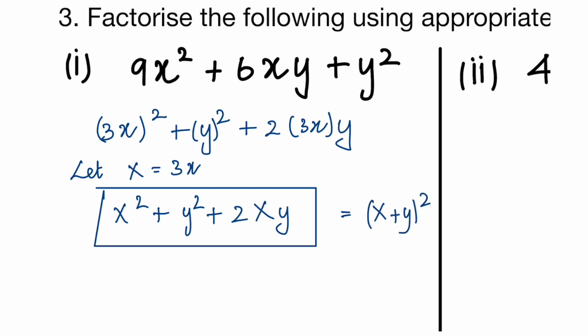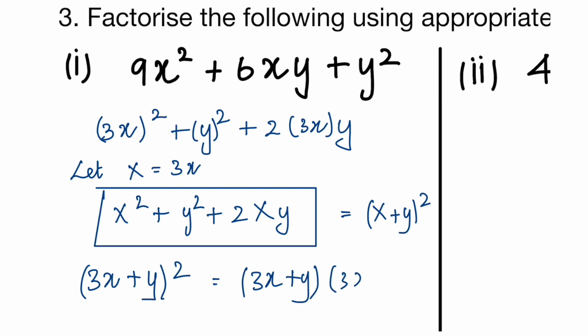In place of uppercase X, we have 3x. So with that, we can write this as 3x plus y the whole square, and that basically is 3x plus y into 3x plus y, and that is your factorized form. You have factorized it and you used the identity x plus y the whole squared is equal to x squared plus y squared plus 2xy.